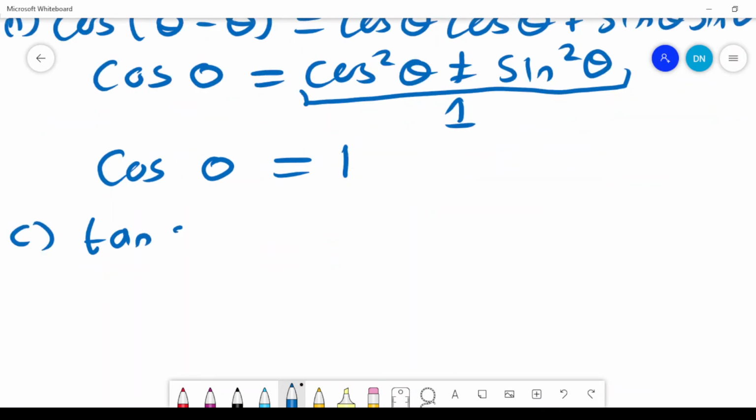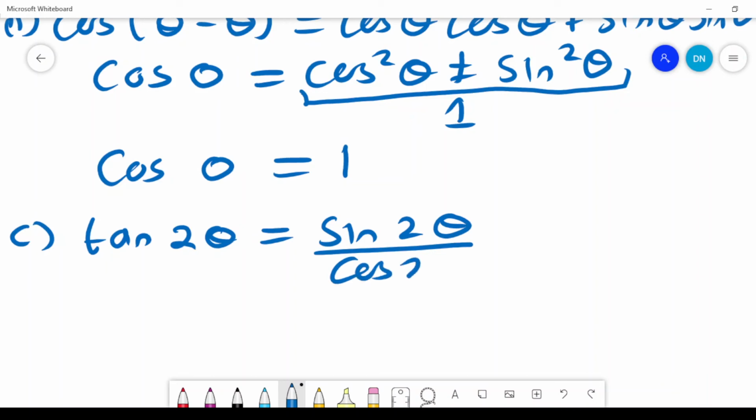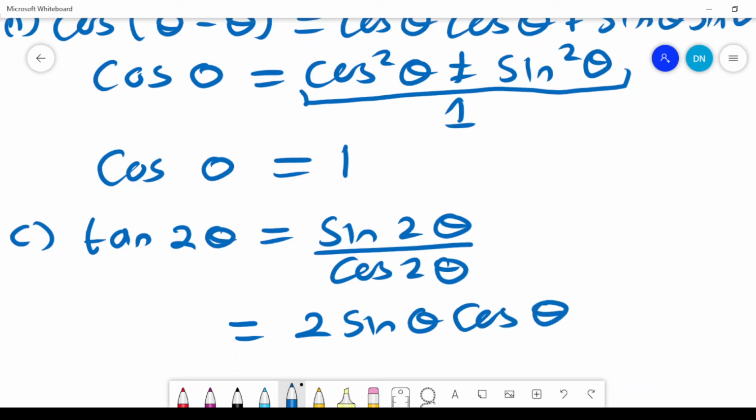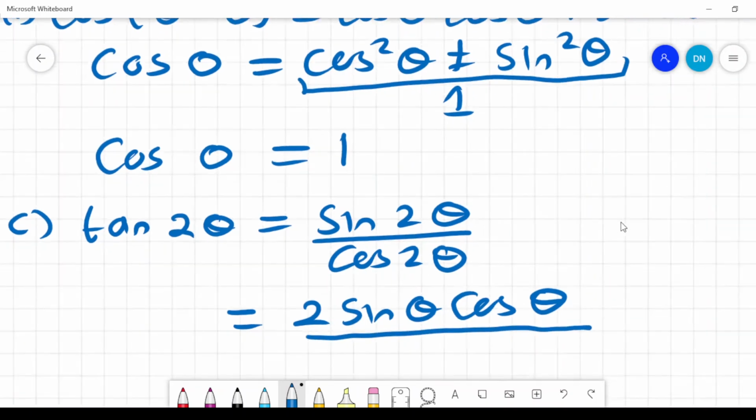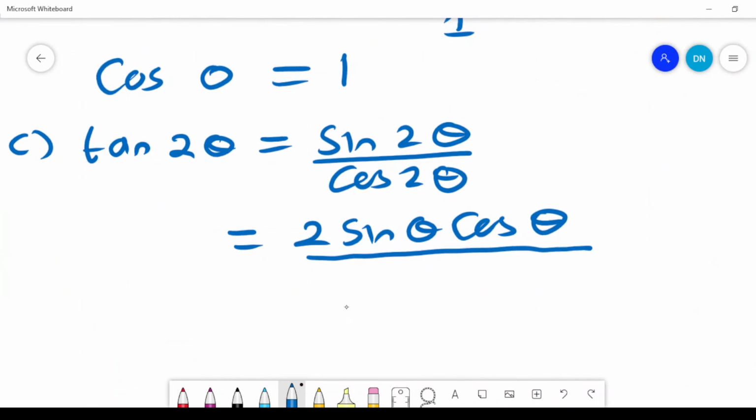Tan 2 theta, I can write it as sine of 2 theta divided by cos of 2 theta. And if that is the case, we know that sine of 2 theta is 2 sine theta cos theta. That one we've already seen. And we know that cos 2 theta from our previous result above is equal to cos squared theta minus sine squared theta.